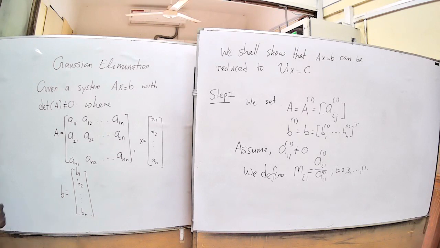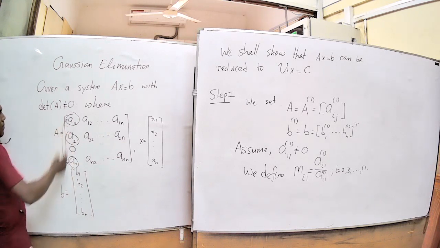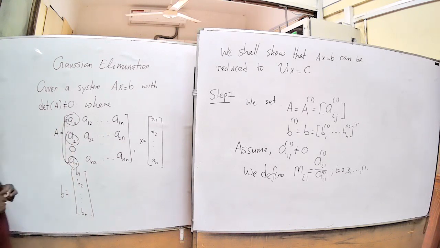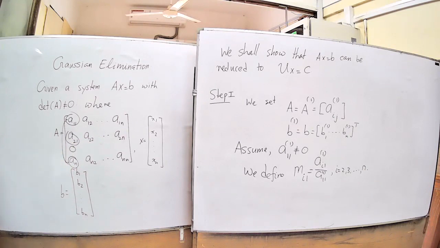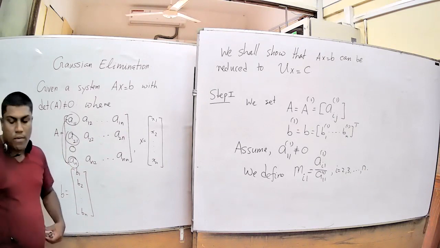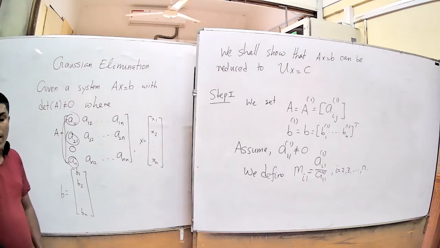That means you take this and divide by this, and then this and divide by this, like the way you did in the example. So you take the corresponding elements and divide by a11. To do that, you should have a11 be non-zero, so you can do that as long as they are non-zero.